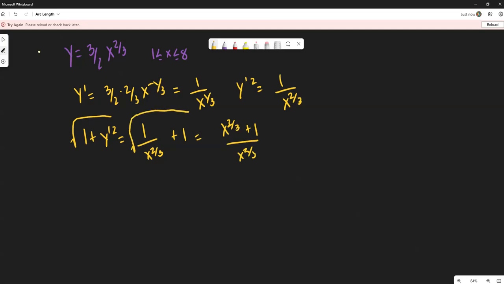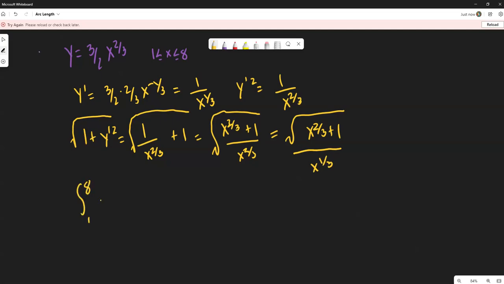If we take the square root, this gives us the square root of x to the 2/3 plus 1 divided by x to the 1/3. Now, when we set up our integral from 1 to 8, we have the integral of the square root of x to the 2/3 plus 1 divided by x to the 1/3 dx.